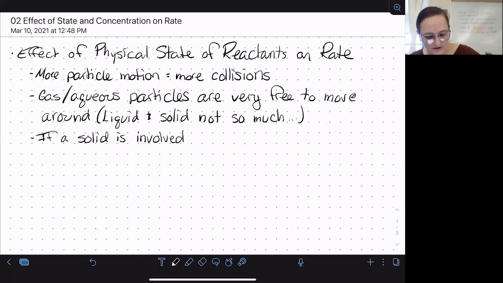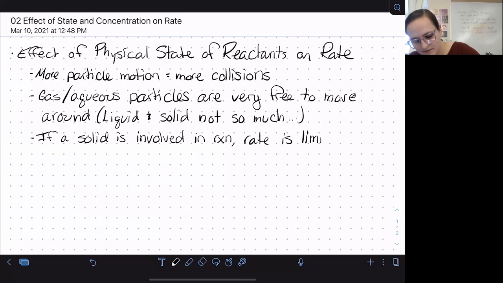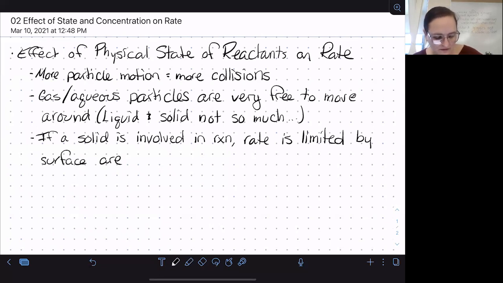one of the reasons why solids tend to be slow is because the rate is also going to be limited not just by low particle motion, but also by the surface area of the solid. If you have a solid, let's say, reacting with a liquid, like you drop a chunk of solid into a liquid that it's reacting with, the only place where those two different substances can actually physically collide is on the surface of the solid.